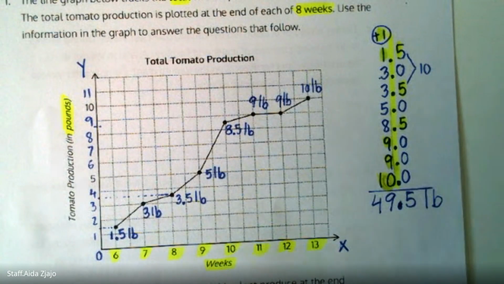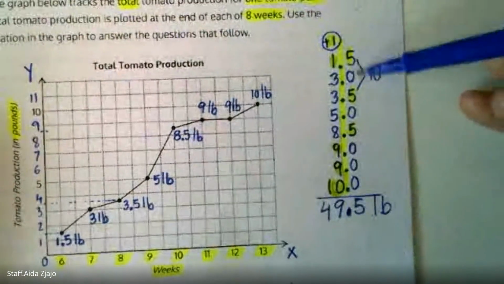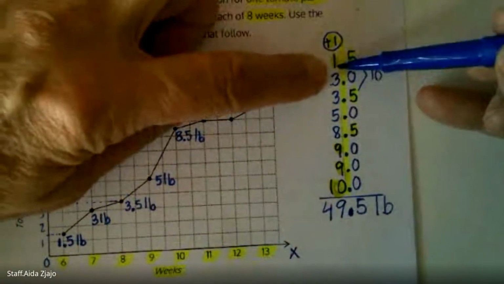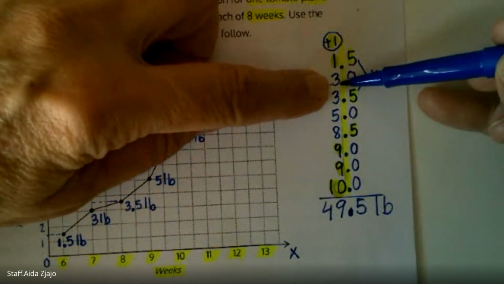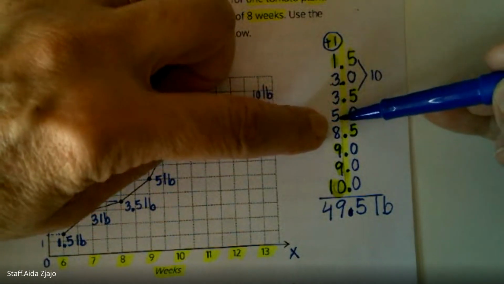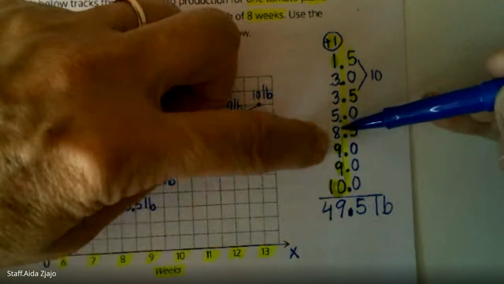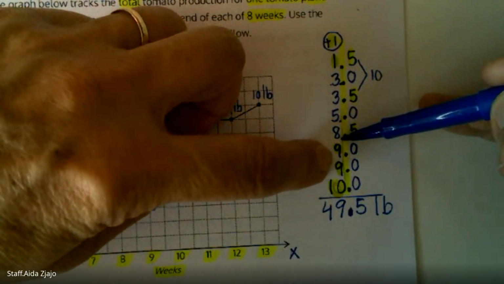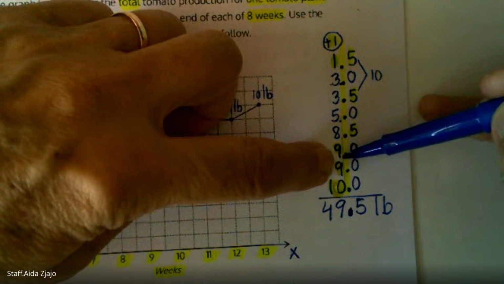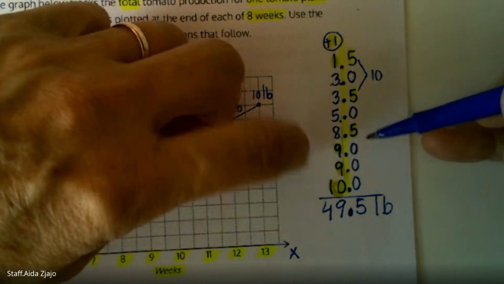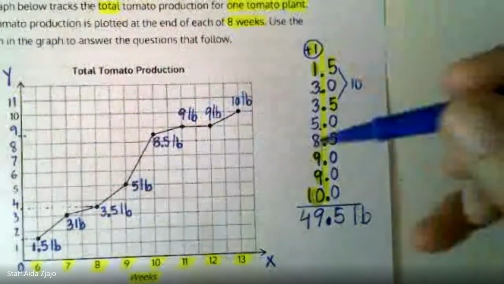Okay, let's see if I did correctly. This 5 plus 5, 10, 15. Remember 1 and 2 and 3, 5. 5 and 3, 8. 8 and 5, 13. 13 and 8, 21. 21 and 9 is 30, and that 39.